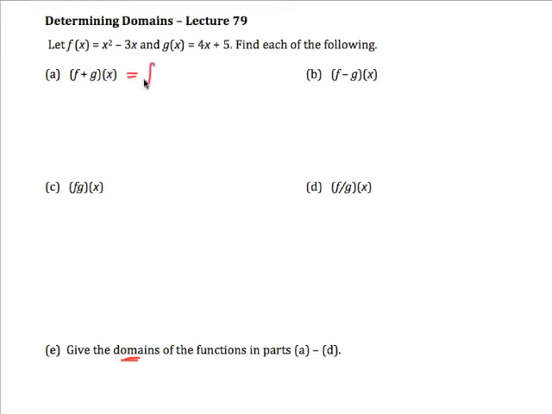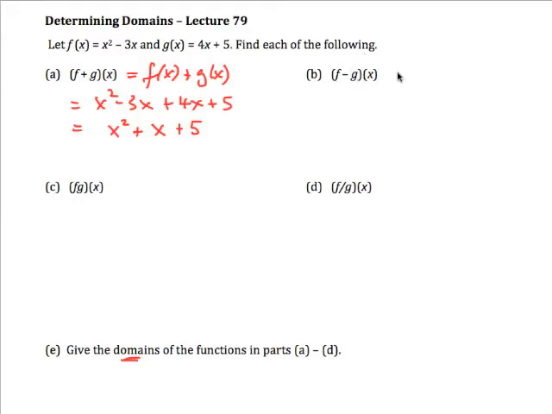Well, we already know the definition of this is simply a point-by-point sum of the functions at each point x. So in this case it will in fact be x squared minus 3x plus 4x plus 5, which comes out to be x squared plus x plus 5. Okay, so that's how we do that one.